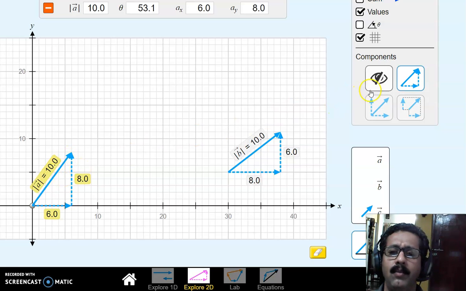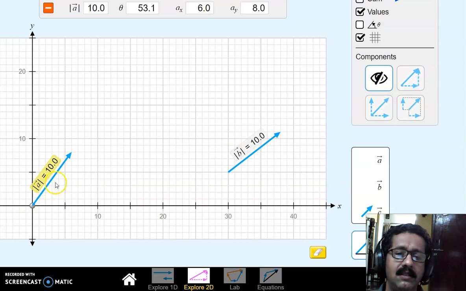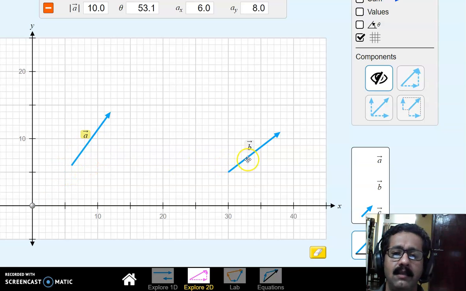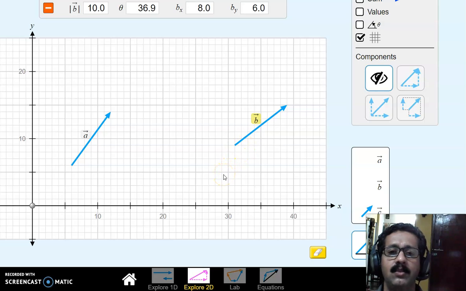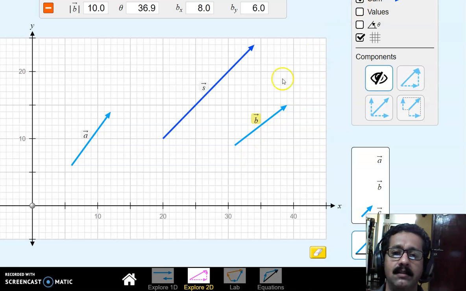But anyway, I do not bother about its direction, and I will just take my vector A to be anywhere over here. So this is my vector A, and there is some other vector over here, that is vector B. So I have two vectors, one is vector A here, the other is vector B here, and I want to find the addition of these two vectors.